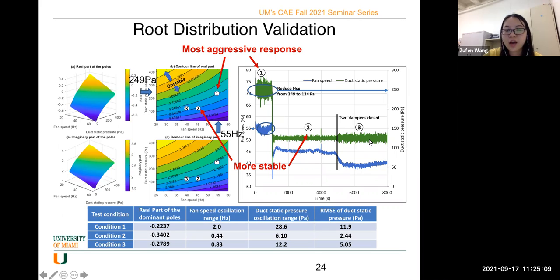We can see that our test results match the control performance predicted by the root distribution. We also calculated some numerical indices: the fan speed oscillation range, the duct static pressure oscillation range, and the mean square error of the duct static pressure. Point 1 had much higher values than point 2.